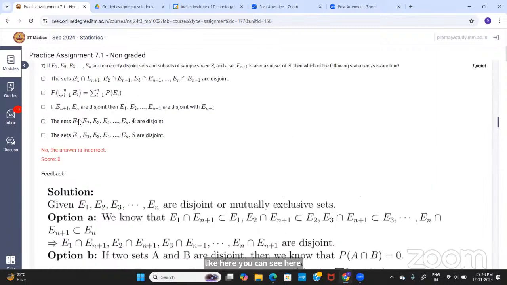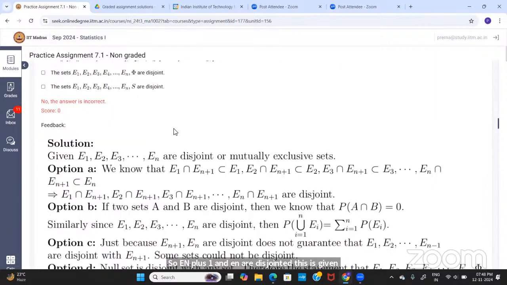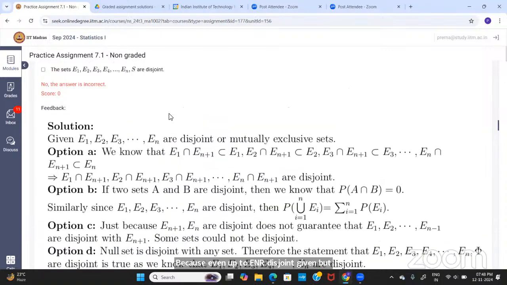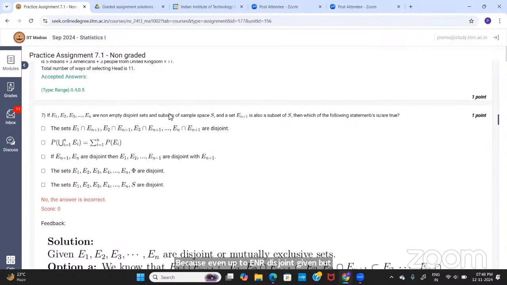This is given, but we cannot say about the rest of E1, E2 up to En minus 1, right? Even E2 up to En are disjoint as given, but for En plus 1 we are not given whether it is disjoint from the other sets or not.